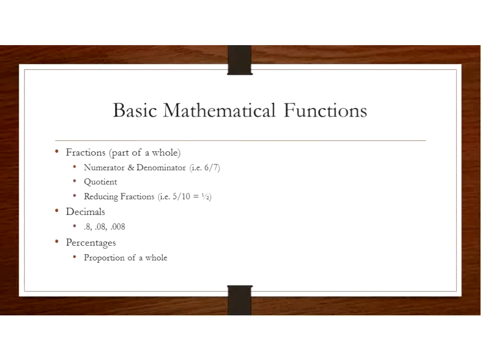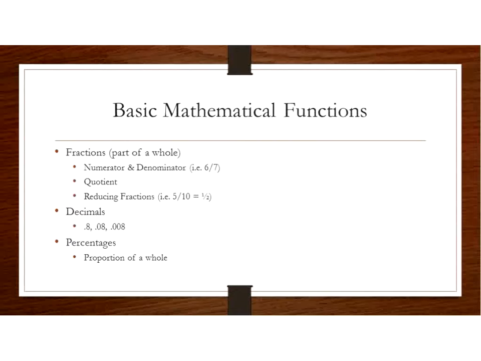Now, I can also reduce a fraction. When you reduce a fraction, this means you will put this fraction in a simpler form, or reduce the fraction to its lowest form, or lowest term.